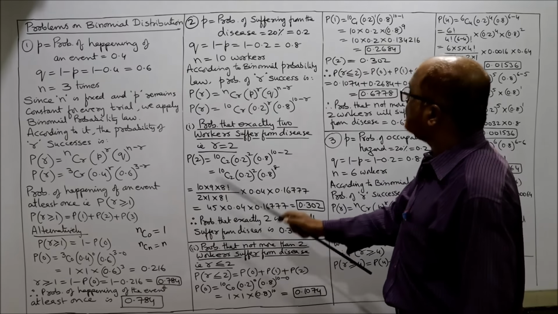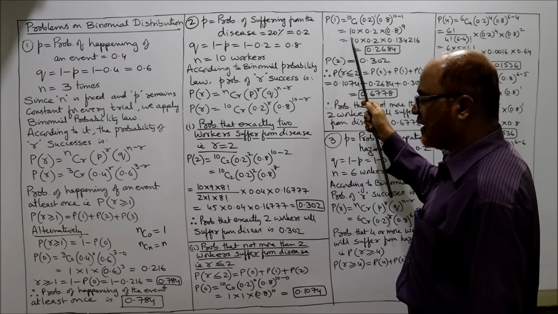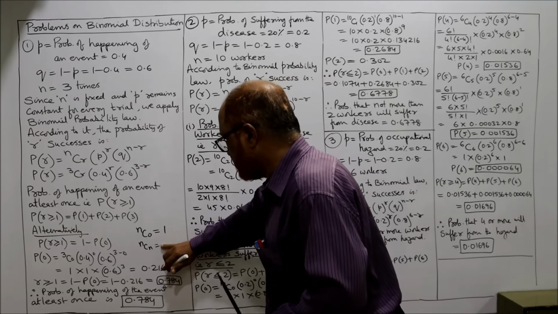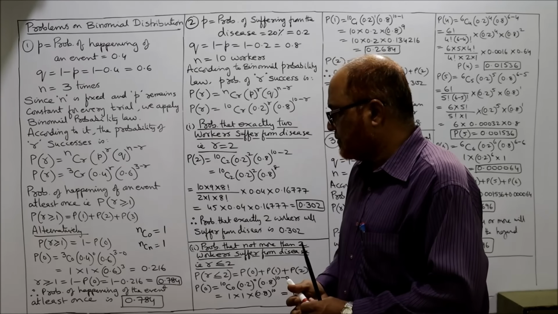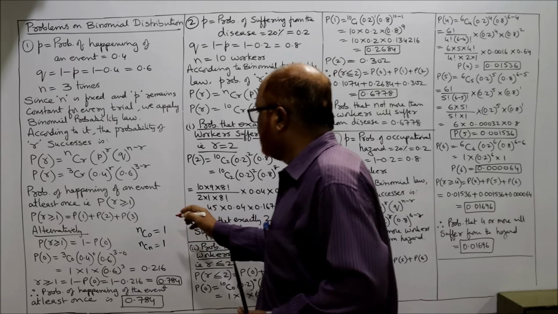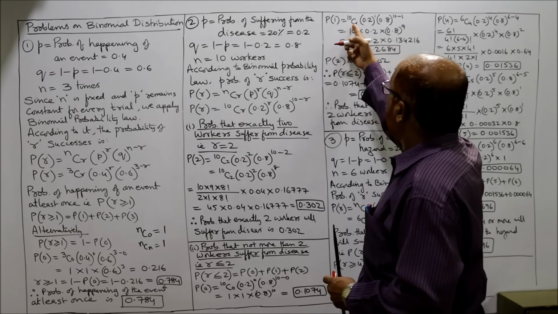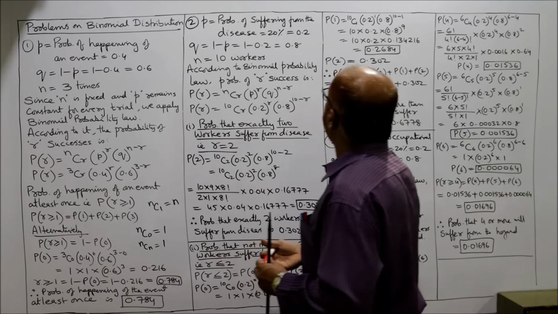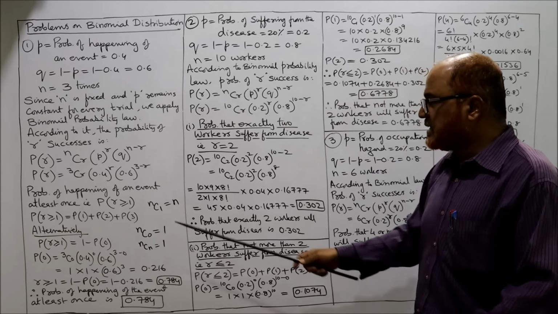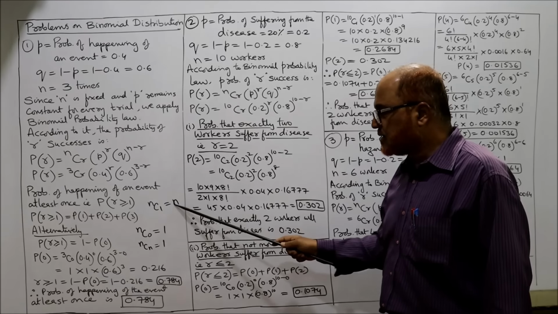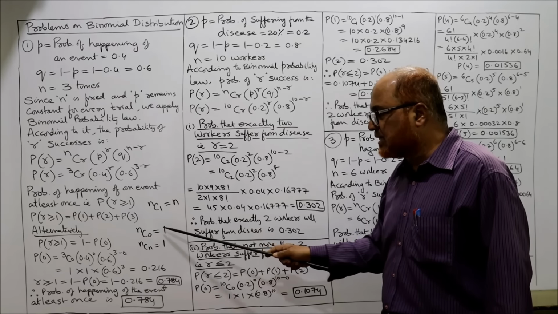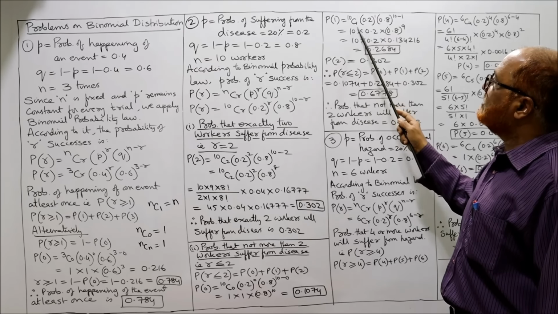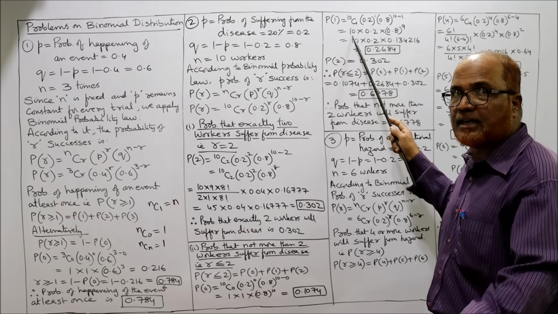You will get 10. Here NCN is equal to 1, NC0 is equal to 1, and NC1 is equal to N. So 10C1 is equal to 10; even if you calculate, you will get the same value.